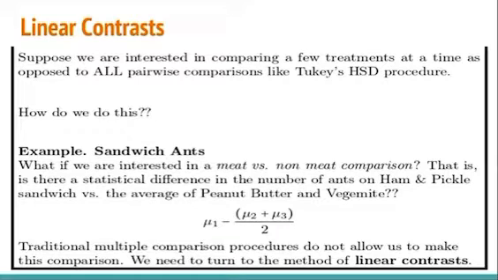Any question on the difference between planned contrast and post hoc contrast? The first one, you've not conducted ANOVA at all. But the next guy, look at that, post. You've already conducted analysis of variance and you've rejected the null hypothesis. The only condition under which you will go for a post hoc test is when the null hypothesis is rejected.